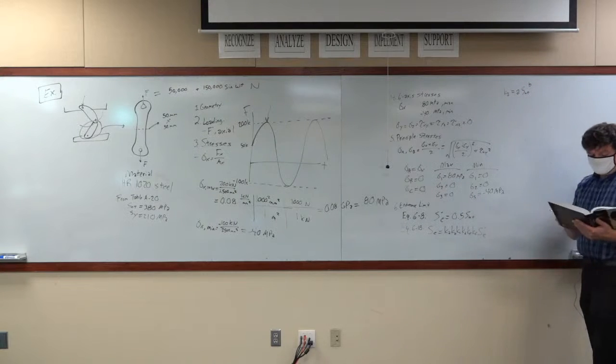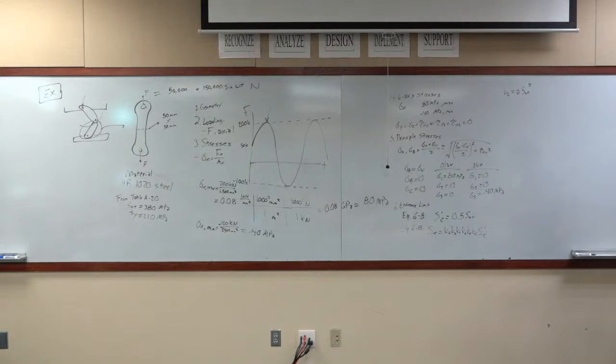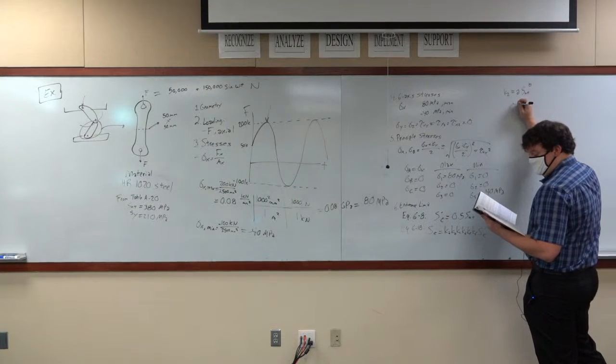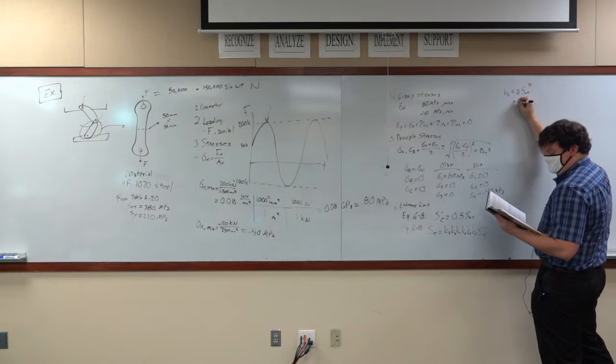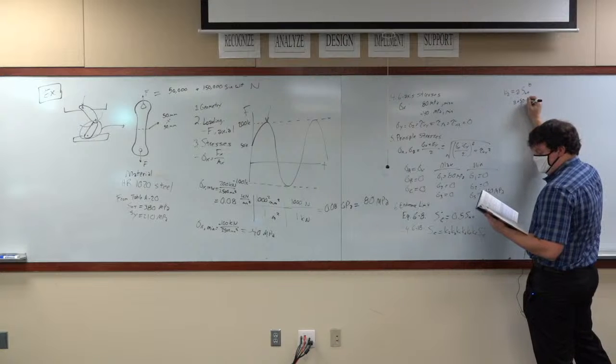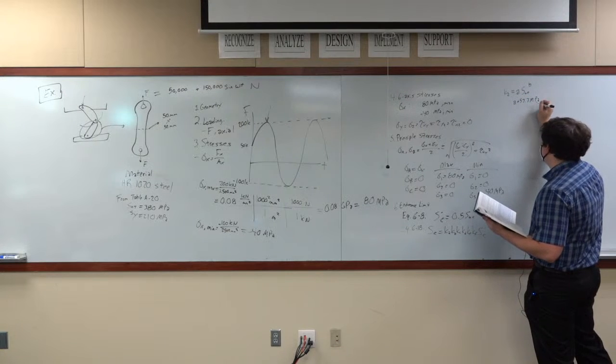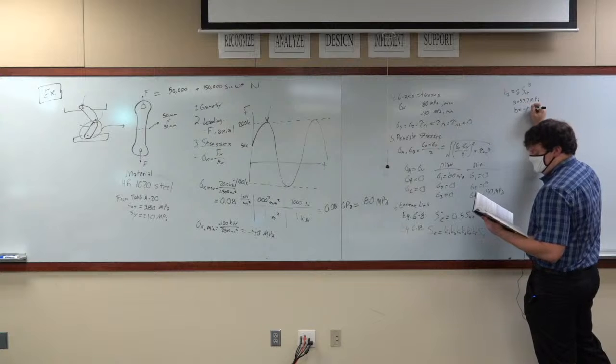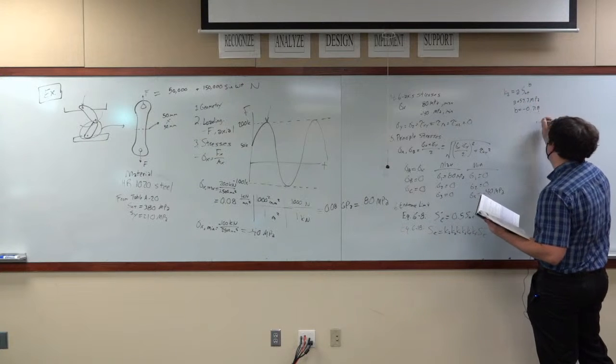So Ka equals A Sut^B. We have the value for Sut from table 6.2. This is a hot rolled steel, which means A is equal to 57.7 megapascals and B is equal to negative 0.718.